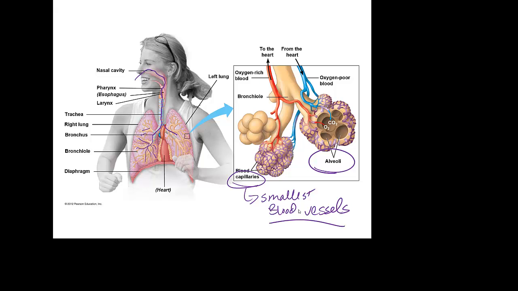Not only at the alveoli, but they will also be responsible for exchanging oxygen and carbon dioxide at your tissues themselves. Your heart sits in between your lungs. And the diaphragm, that muscular structure we were talking about, is this dome right here.